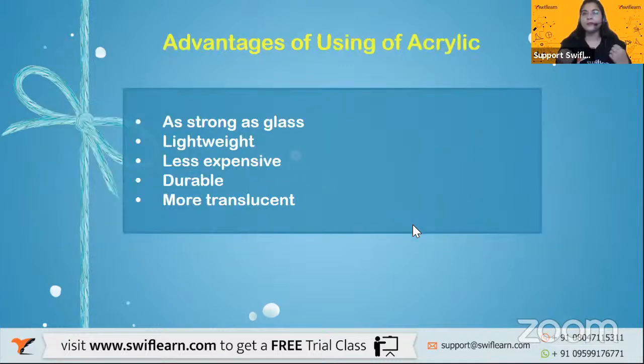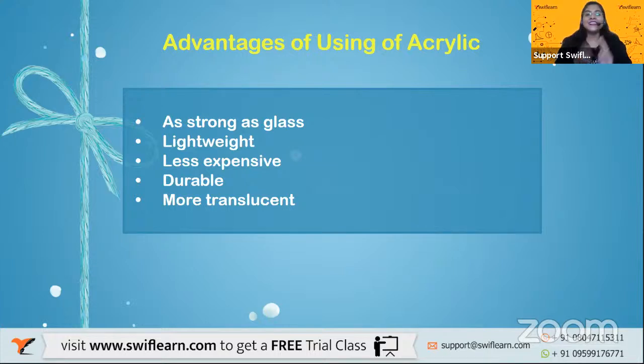We did the advantages and disadvantages of the rayon, nylon, and polyester in the first session. So there are also certain advantages which are present in acrylic fabric. What are they? They are very strong. Okay, acrylic is very strong as a glass.